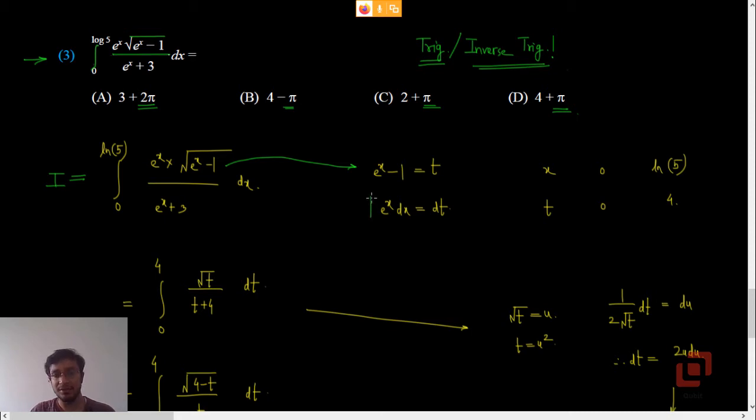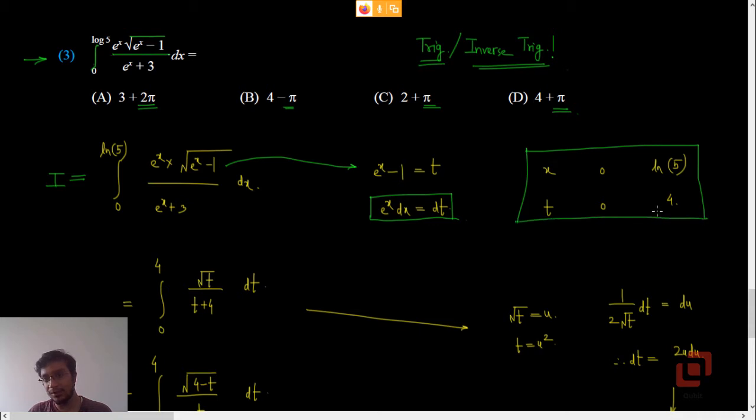Differentiating has given us e to the power x dx as dt. And now do not forget to use the substitution to get the limits on the new variable. So let us carefully obtain them.